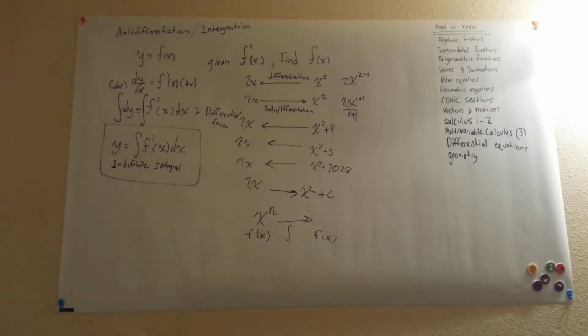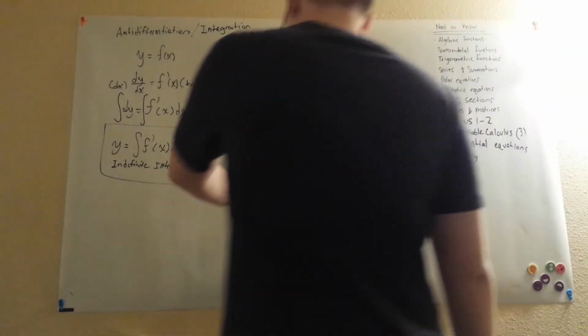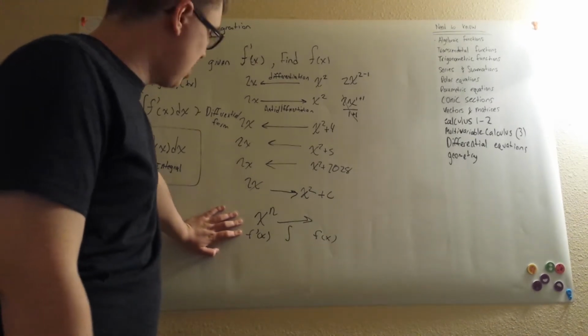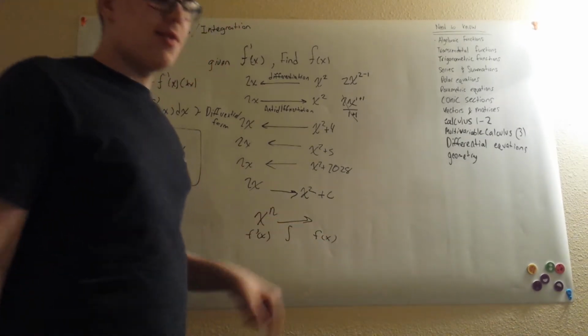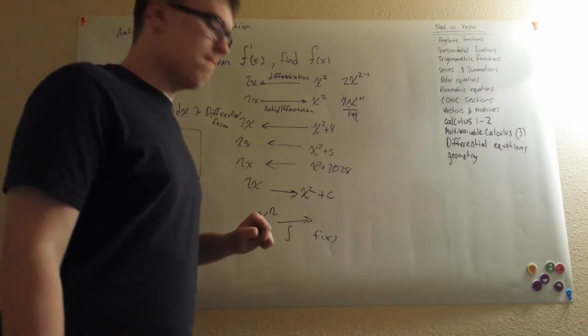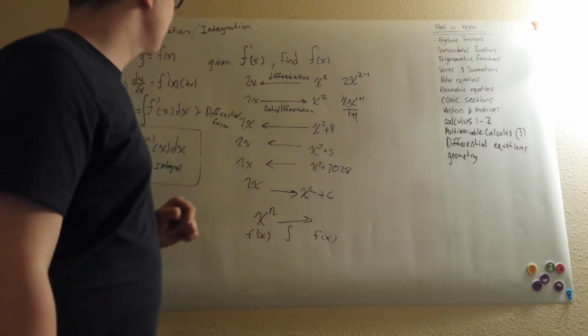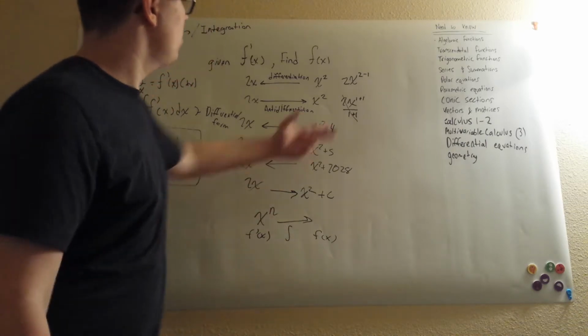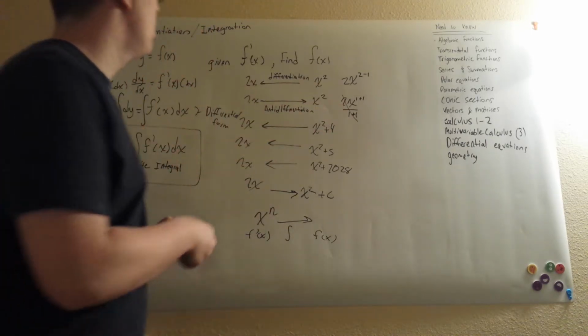Okay, let's figure this out. If we have x to the nth power, and that's our derivative, or f prime of x, we go back to f of x by integrating. Now, for this general case, what do we do here?